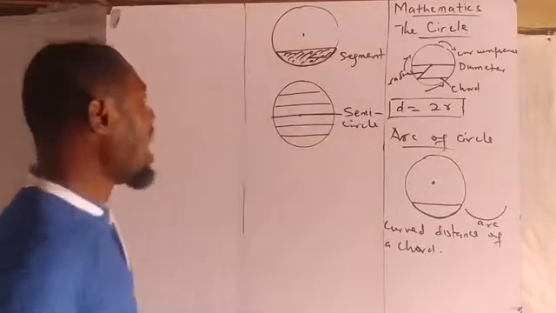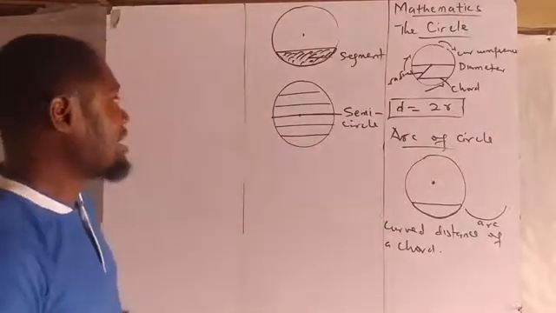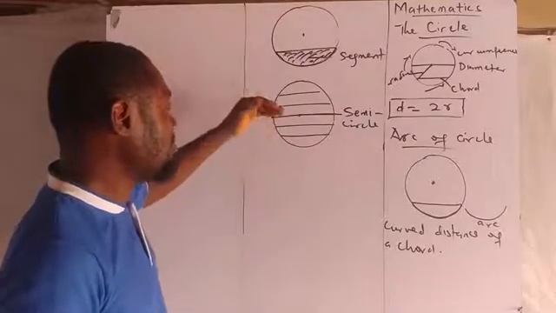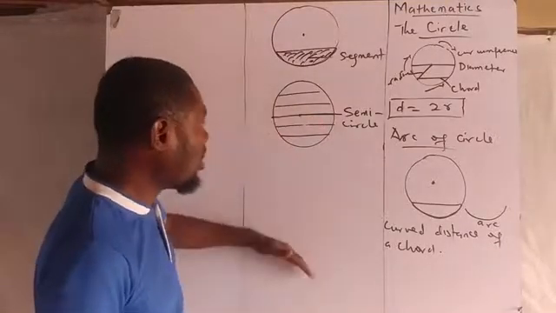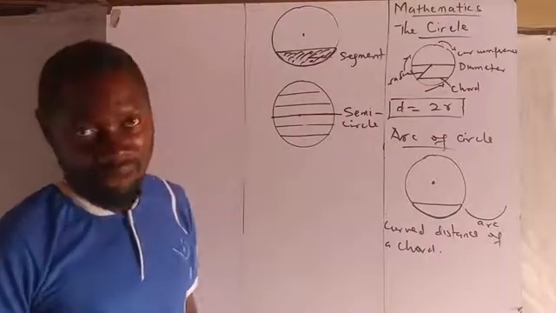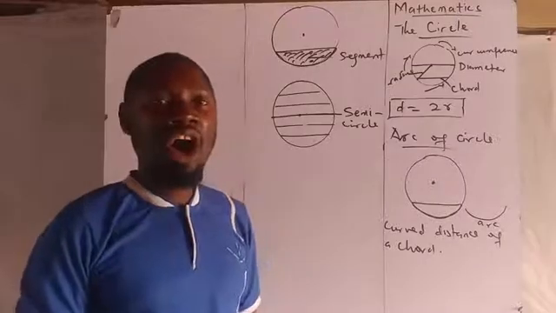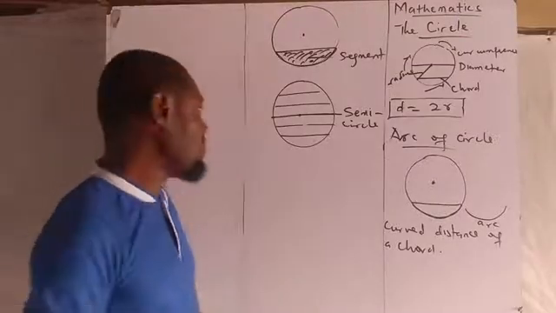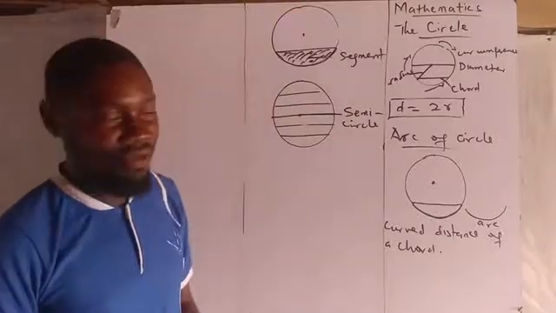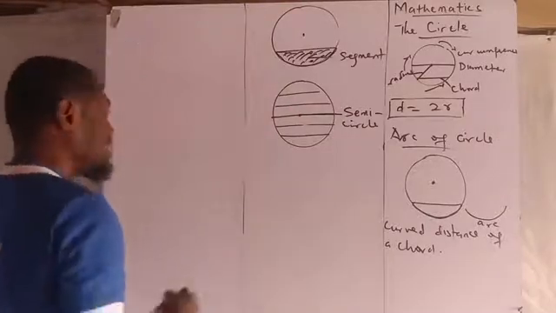Now, if the segment is less than a semicircle, which means from here downward, such segment is called minor segment.